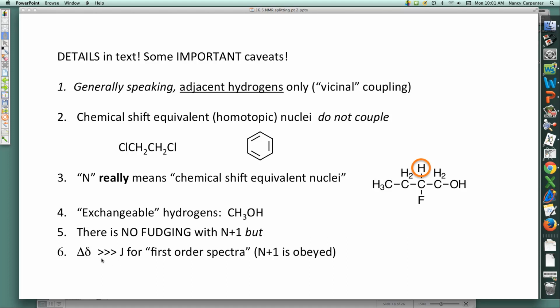When this is true, what you have is called first order spectra, and n+1 is obeyed. So the easy to understand translation is, if you want to see n+1 spectra, the chemical shifts of your hydrogens have to be really quite widely separated.